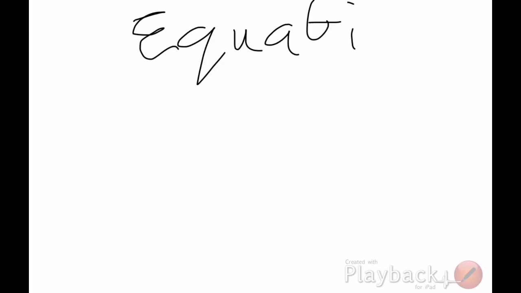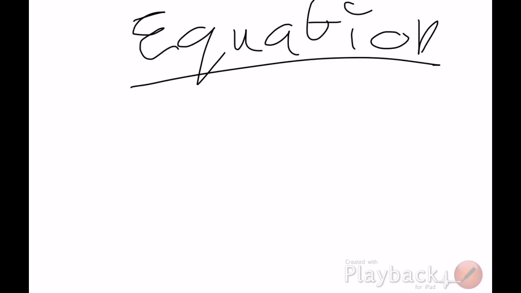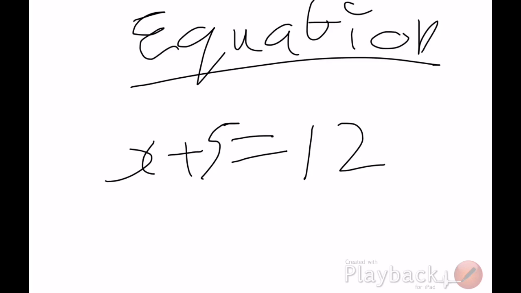The next term is an equation. As it suggests in the name itself, an equation needs to have an equal sign in the middle. So it's like if I say x plus 5 is equal to 12, these values must be equal.